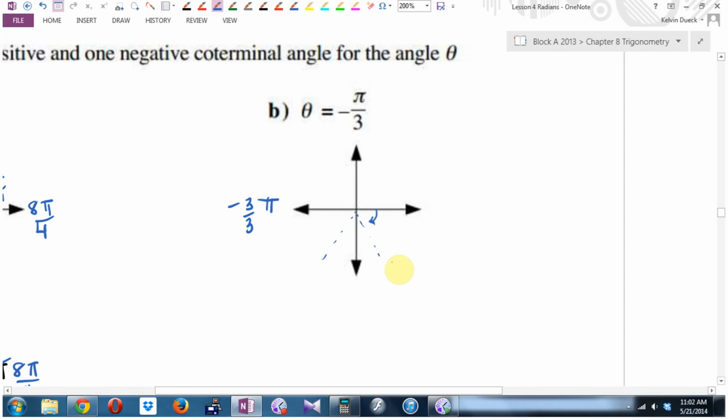Can you see where negative 1 pi by 3, or negative pi by 3, a single third is? Right there. There's my picture.